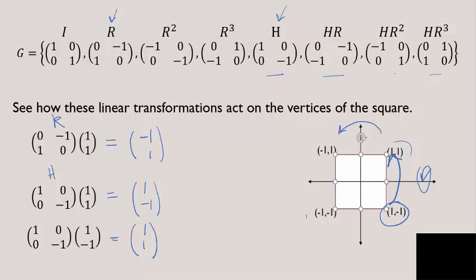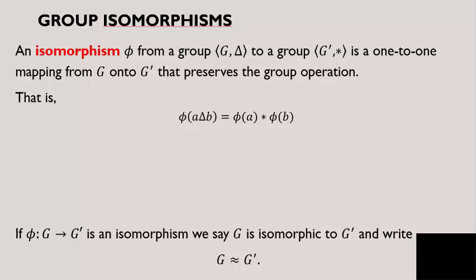The three groups, D4, the subgroup of permutations from S4 on the previous slide, and this subgroup of SL2, are algebraically identical. Mappings called isomorphisms are going to be how we can tell if two groups are algebraically identical, if they are what we say isomorphic.